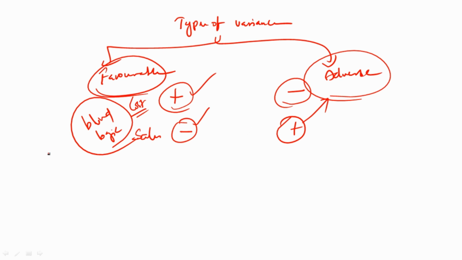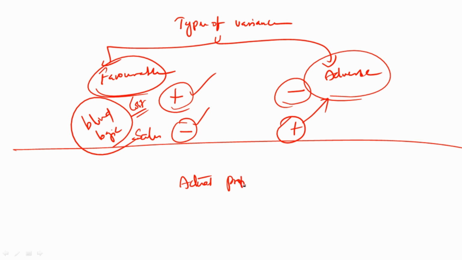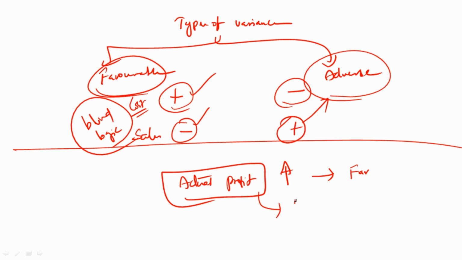Now, although this blind logic helps you in solving sums, ultimately you need to know the reason behind why a particular variance is called favorable and why a particular variance is called adverse. Very simple, the logic is with respect to actual profit. Any variance that has the effect of increasing your actual profit will be referred to as favorable variance, and any variance that has the effect of reducing your actual profit will be referred to as adverse variance.